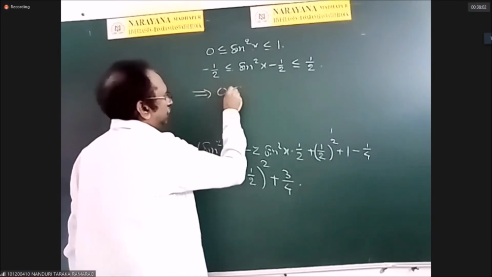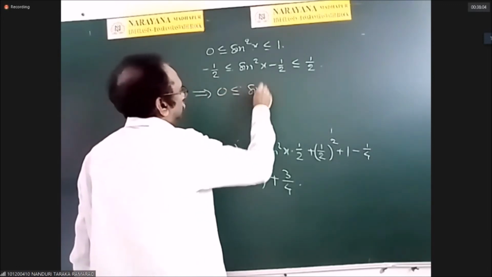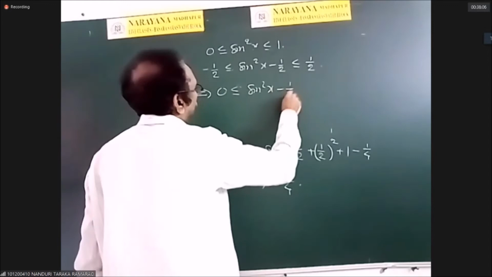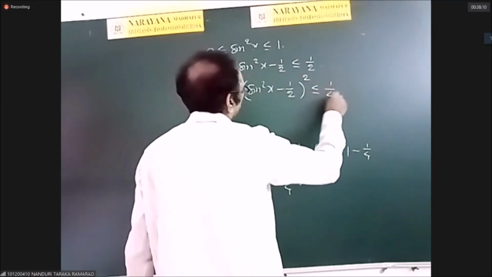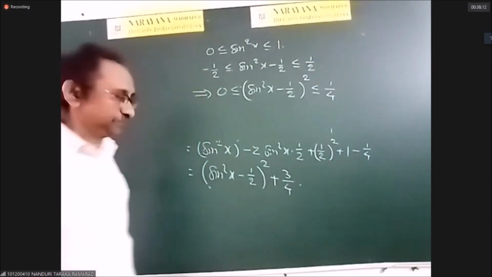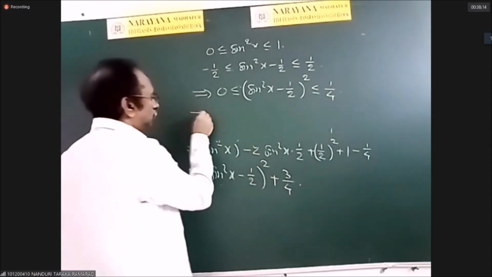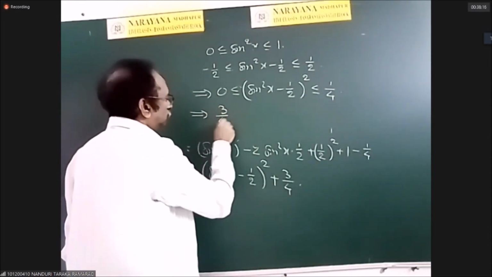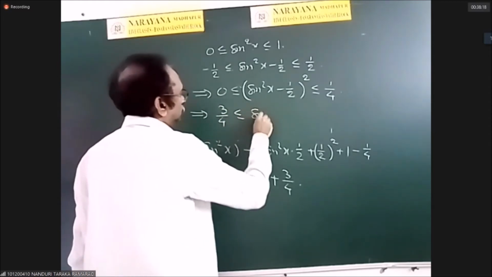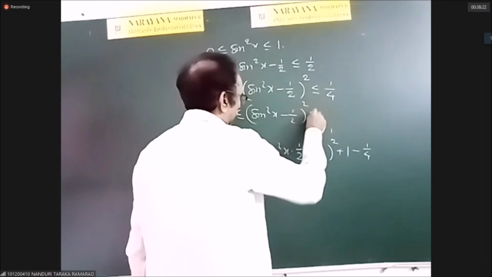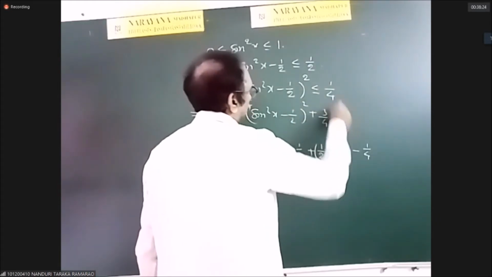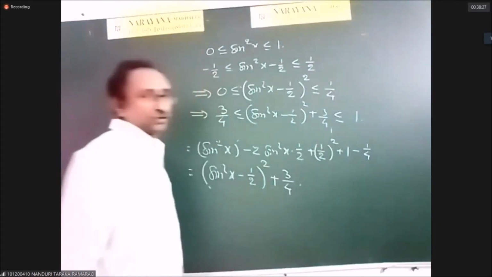Therefore, we can write 0 less than or equal to (sin square x minus 1 by 2) whole square less than or equal to 1 by 4. And now add 3 by 4. So 3 by 4 less than or equal to (sin square x minus 1 by 2) whole square plus 3 by 4, less than or equal to 1 by 4 plus 3 by 4, that is 1.